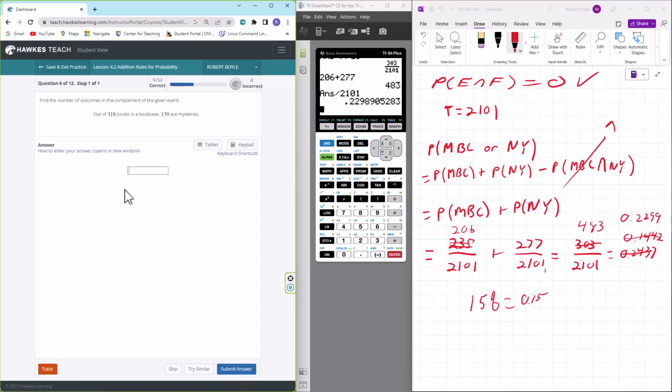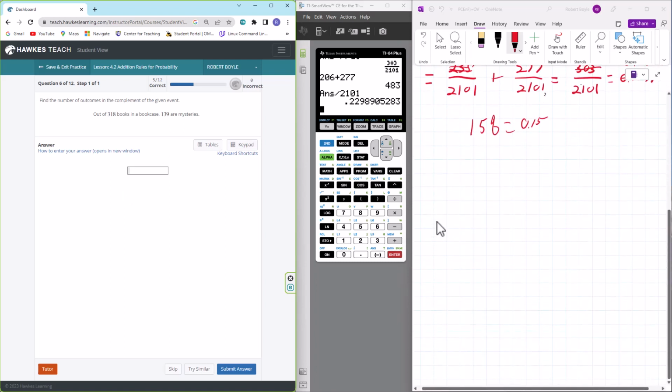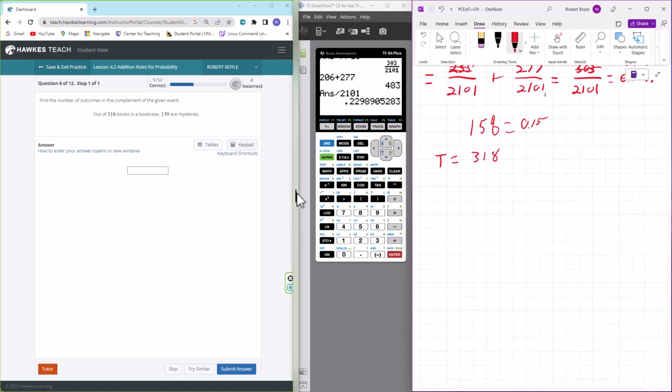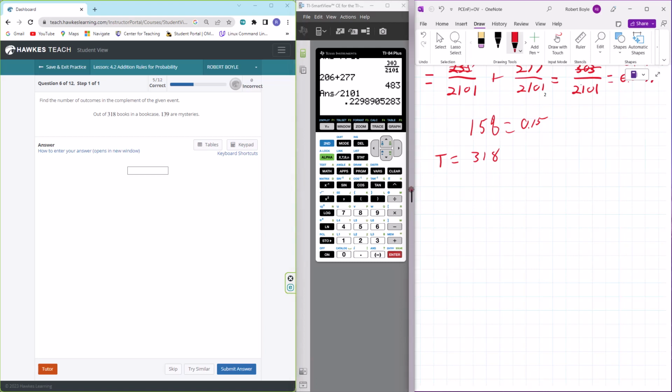Okay, now these are kind of the weird outcome or weird complement problems that we have to deal with in this section. Now we want to find the number of outcomes in the complement of a given book. And it says out of the 318 books that we have, that is the size of your sample space, 139 are mysteries.